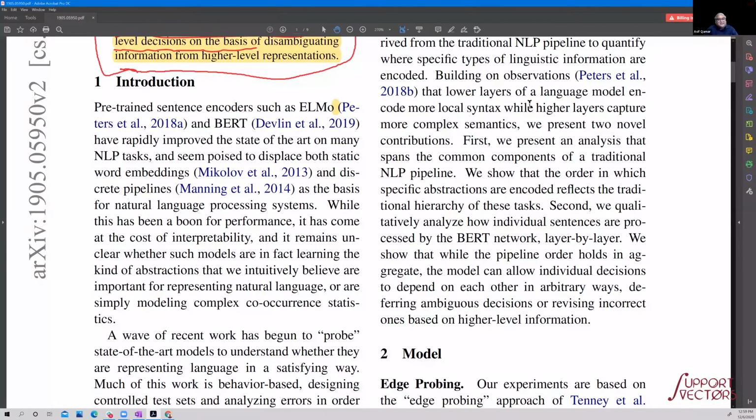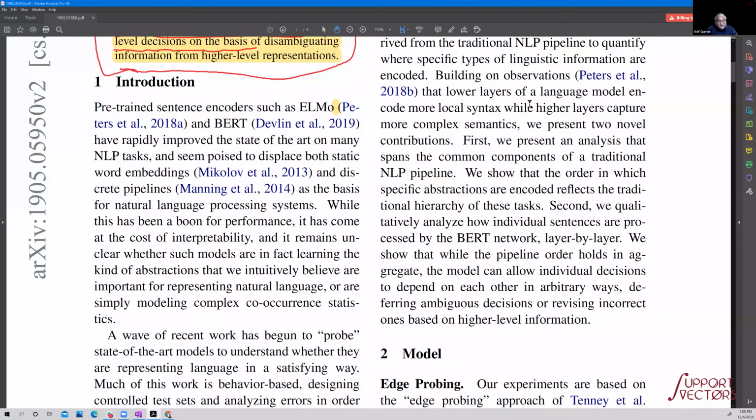Pre-trained sentence encoders such as ELMo have rapidly improved the state of the art of many NLP tasks and seem poised to displace both static word embeddings and discrete pipelines as the basis for NLP. Basically, the main point is that ELMo and thereafter the transformers change the game. While this has been a boon for performance, it has come at the cost of interpretability. So this goes to that question. These transformers have looked like uninterpretable black boxes.